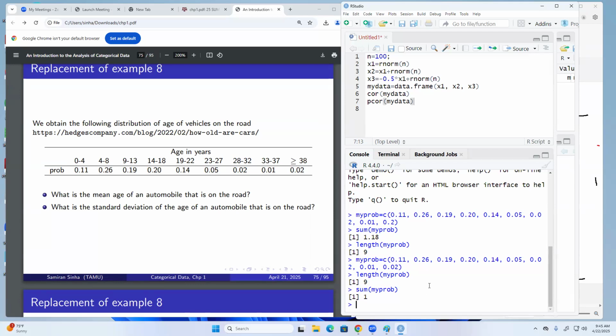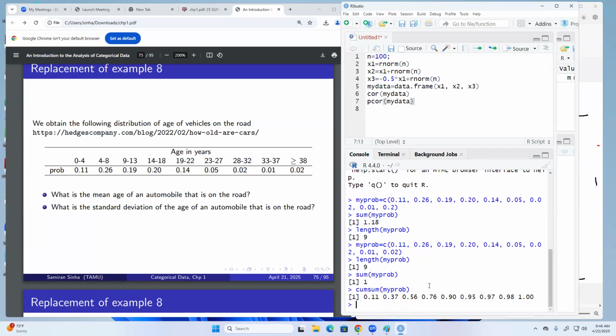And what I want to show you is how to guess what the median is. In order to guess the median, first I calculate the cumulative probabilities, the cumulative sum of my prob. And what I see is that for the third category, cumulative probability is 0.56.